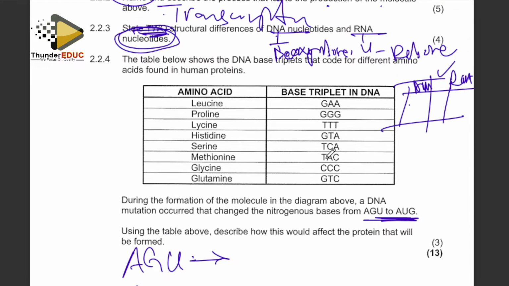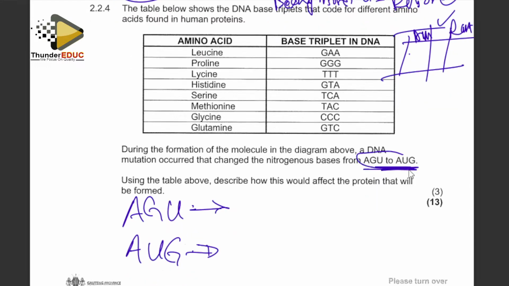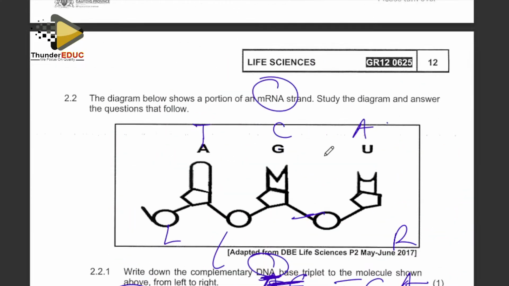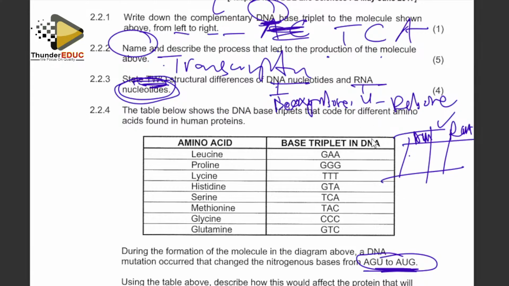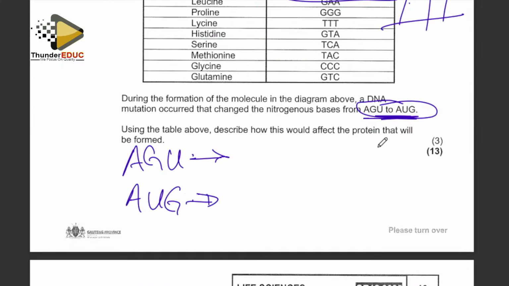They're saying that, since this is messenger, you see, they talked about it, that this is messenger. But what is in the table here? The table here is DNA, meaning that I have to change this into DNA.